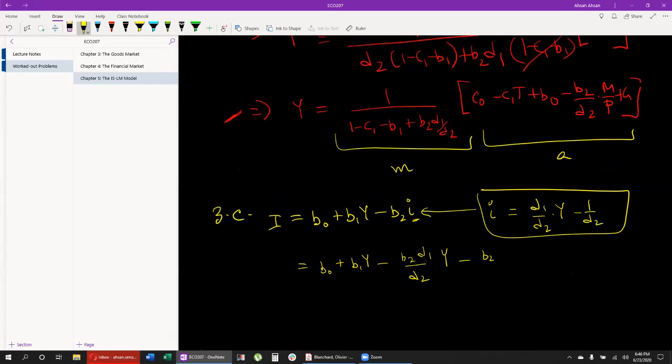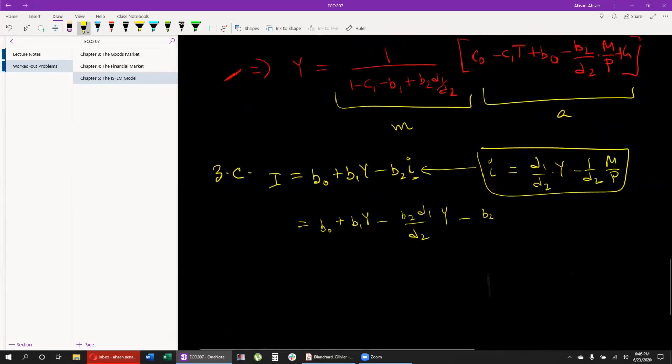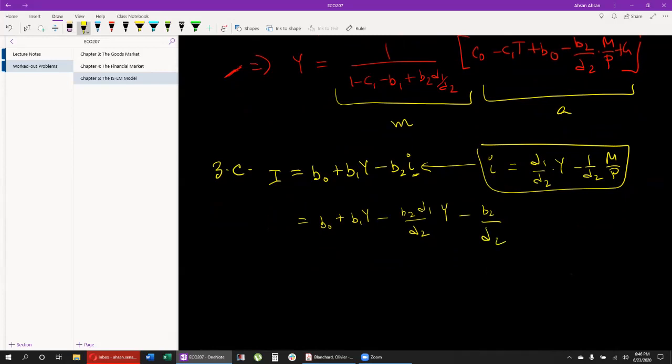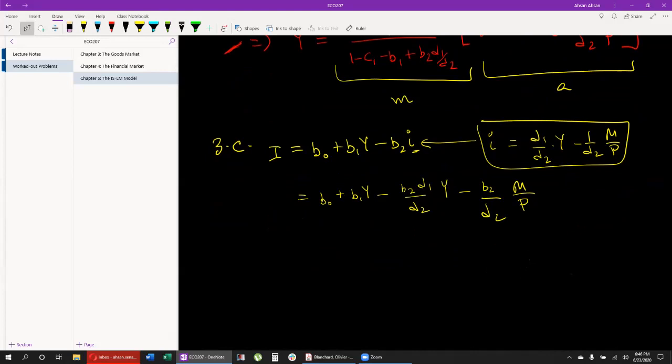So 1 by d2 m by p. So what we get is b2 by d2 m by p. And so if we just simplify this a little bit, what we are going to get is b naught plus b1 minus b2 d1 by d2 y minus b2 by d2 m by p. And this is the equilibrium level of investment.